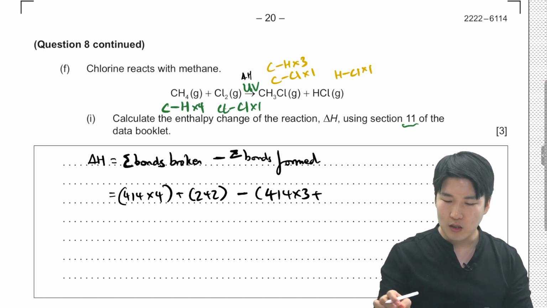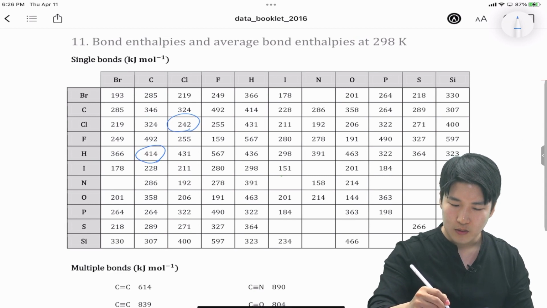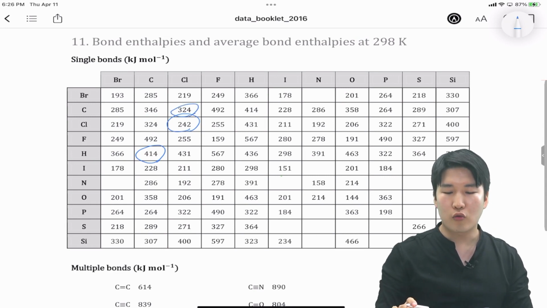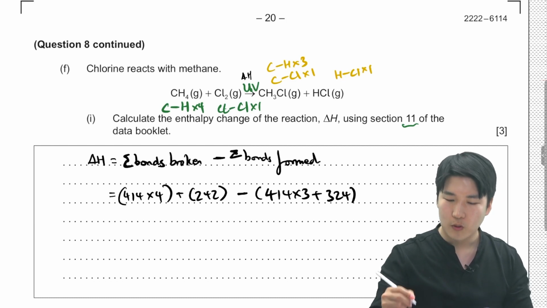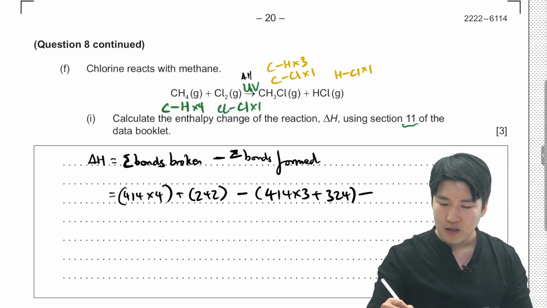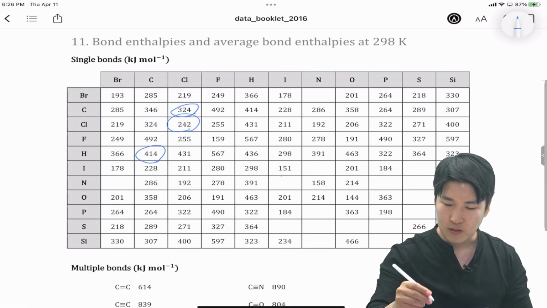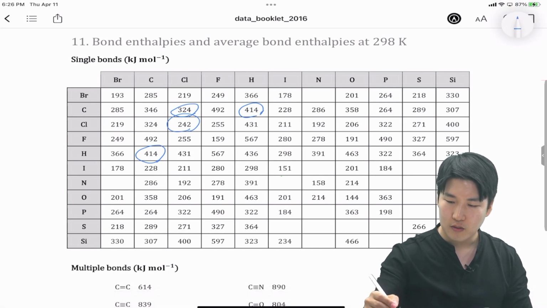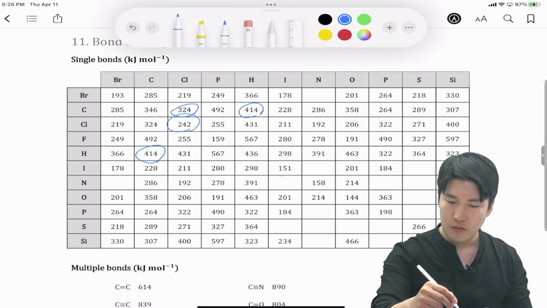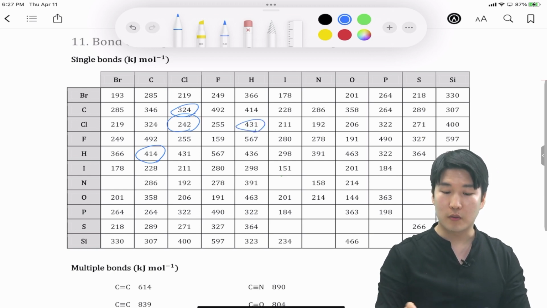What is the bond enthalpy for CCl? 324. And we need to take away again HCl. What is HCl? Sorry, that's not HCl. HCl is 431.